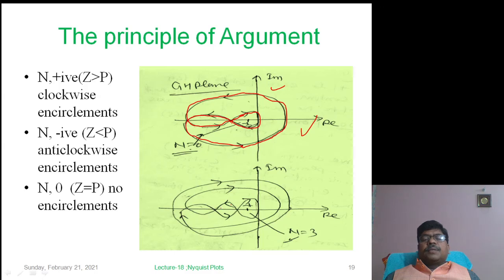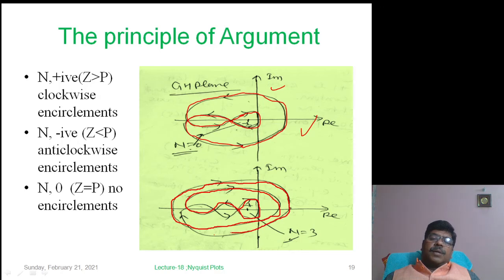Now, what happened in this case? The contour starts from this point, moving like this, in a clockwise direction, then like this. Now, it is also a clockwise direction, and next it will be like this.